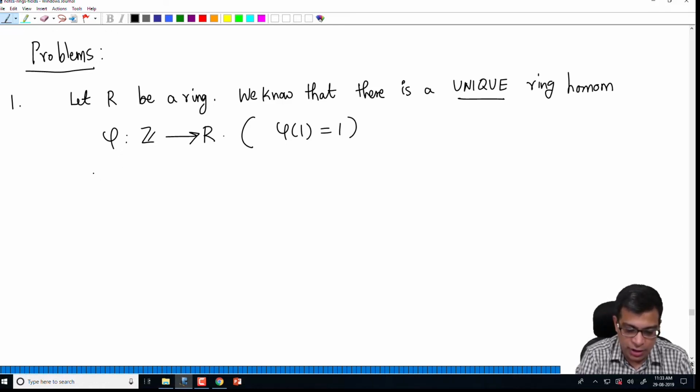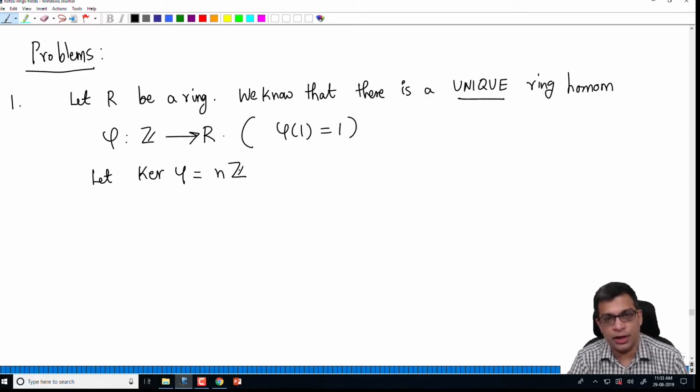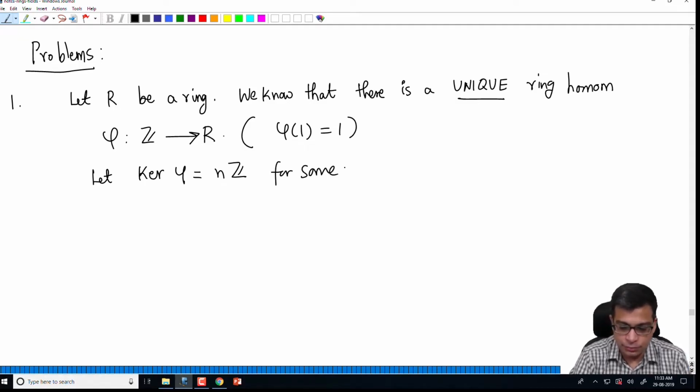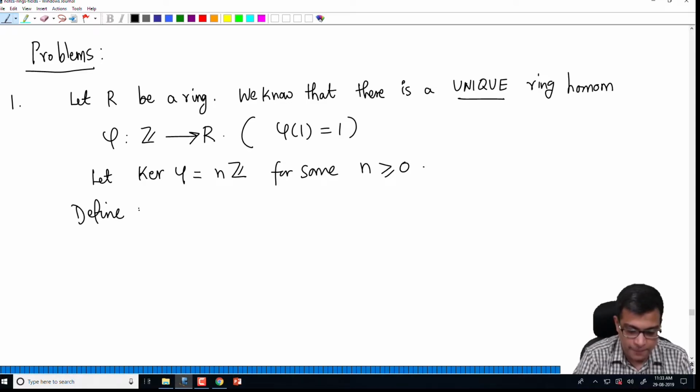So consider the kernel of this ring homomorphism. We know that the kernel is an ideal of the integers, and any ideal of the ring of integers is of the form nZ for some non-negative integer n. So we define the characteristic.